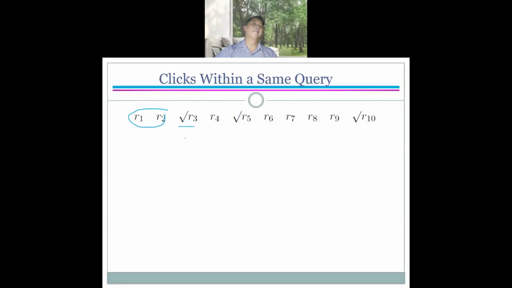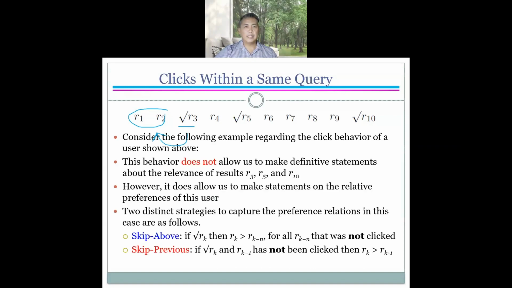But skip previous, you only skip the previous one here. That is easier to explain. So if this is checked, skip above means whatever you have seen before is not relevant to your query. Skip previous means the previous document is not relevant.